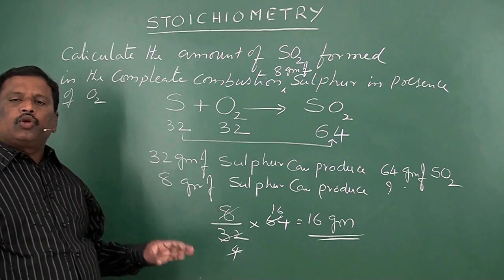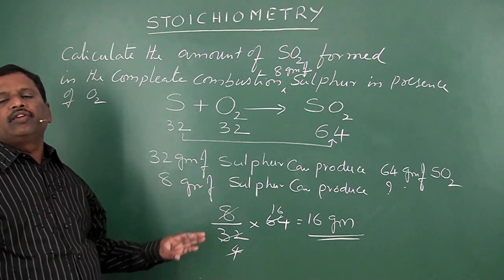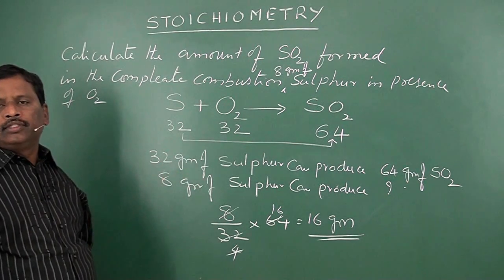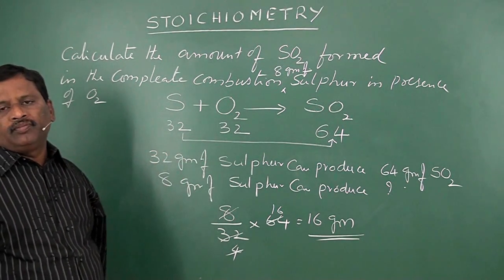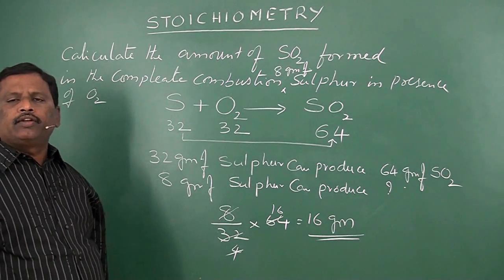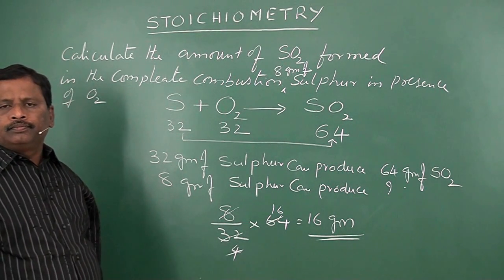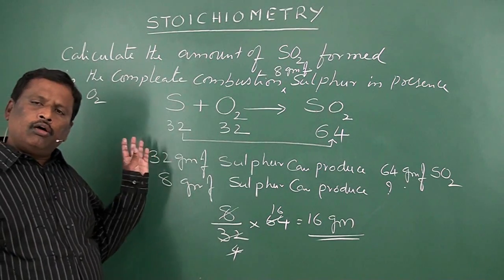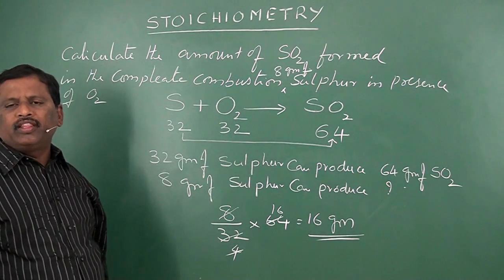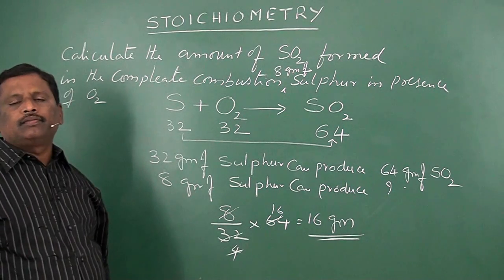So in all these problems, the main thing you have to do is, first you should identify the required equation. Combustion means burning in presence of oxygen. All elements will form respective oxides when subjected to combustion.